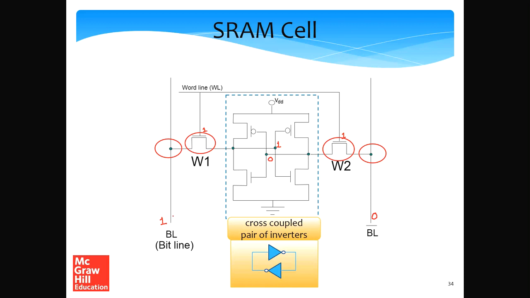Alright, so what are the important points that need to be taken care of? Our basic cross coupled pair of inverters had 4 transistors. Now we have our 2 word line transistors, so 6 transistors are there now in each cell, and these are connected to 2 bit lines.